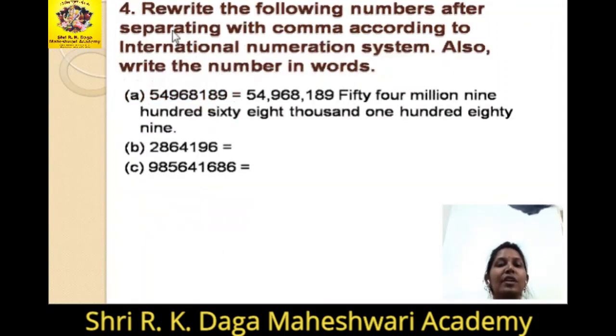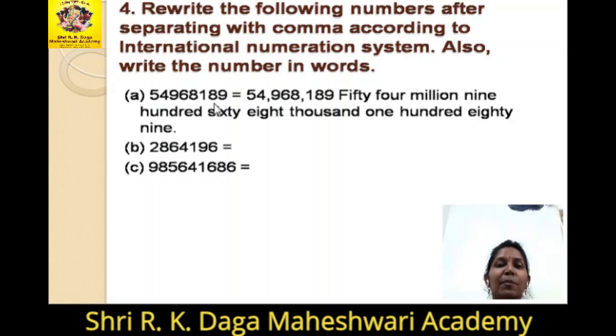Question number 4 is rewrite the following numbers after separating with comma according to International Numeration System. Also write the number in words. You have given a number. First you have to put comma according to International Numeration System. In International Numeration System, we have seen there are 3 blocks.